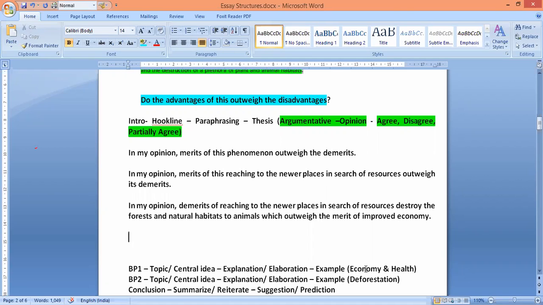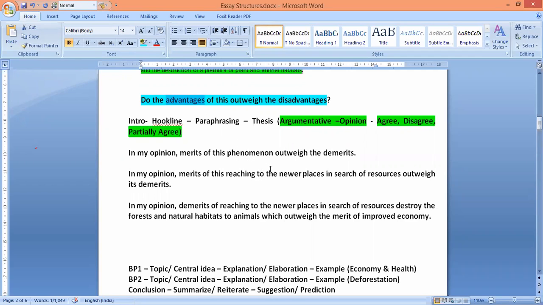Yeah, so I'm still thinking, the question is specific: do the advantages outweigh the disadvantages? Is it necessary that we go against it, or can we go against the statement? They are asking us whether we agree or not, right? Do the advantages of this outweigh the disadvantages?